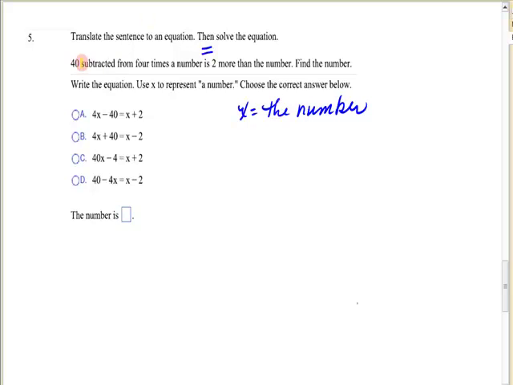I don't know if it is standing out to you just yet, but the phrasing less than or subtracted from are your reverse phrases. So 40 subtracted from means that the 40 is what's going to get subtracted. What is it subtracted from? 4 times a number, so that's going to be 4x minus 40. There's my is, equal sign. 2 more than is plus the mystery number.